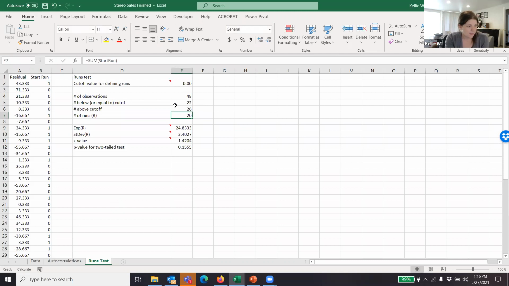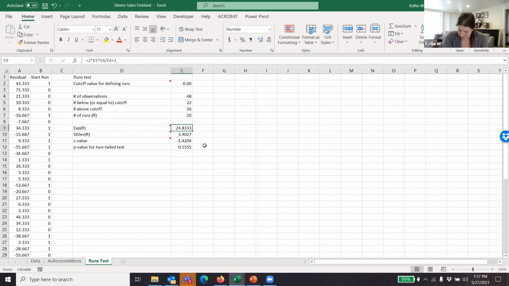So these are the runs that are above or below the cutoff value of 0, which is the average of the residuals. The number of runs expected under an assumption of randomness is going to be right here.